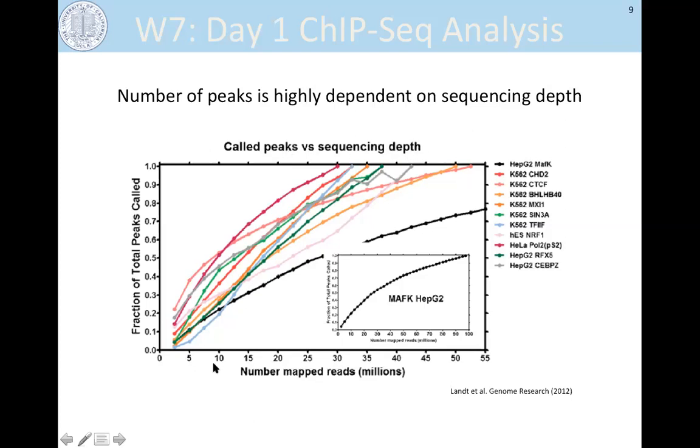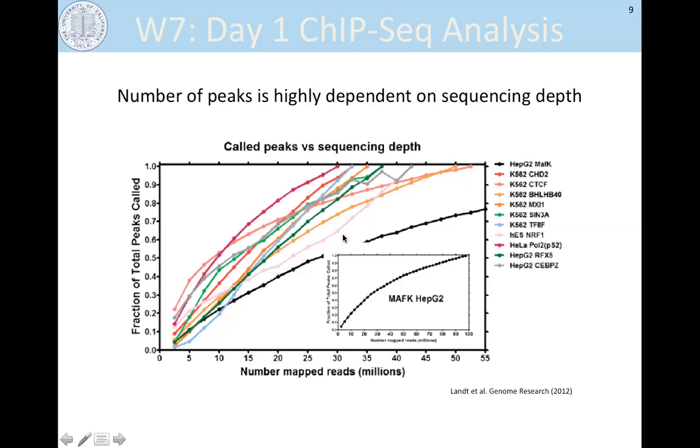On the x-axis is the number of mapped reads in millions, and as you get more mapped reads, the fraction of total peaks called increases. This is displaying the fraction of peaks versus millions of mapped reads for these different factors that were chipped in these different cell lines. So in all cases, as the sequencing depth increases, the number of peaks increases.